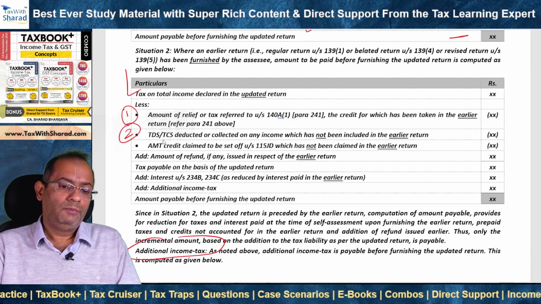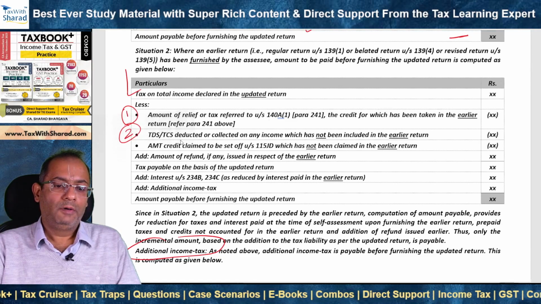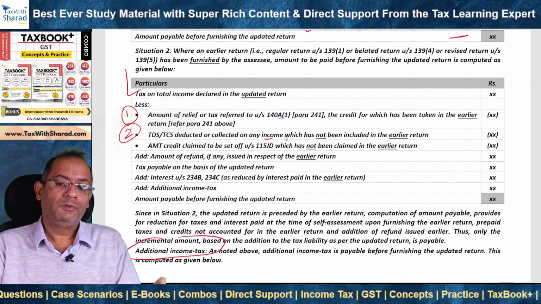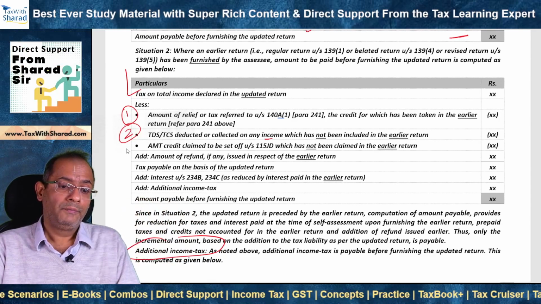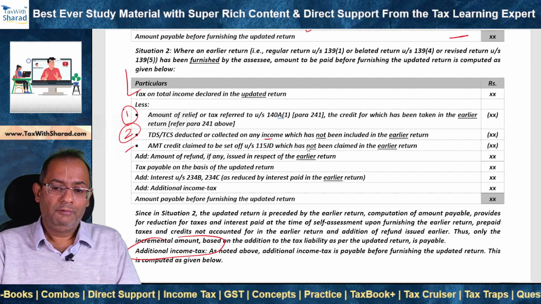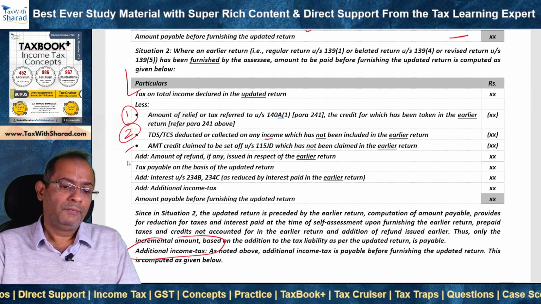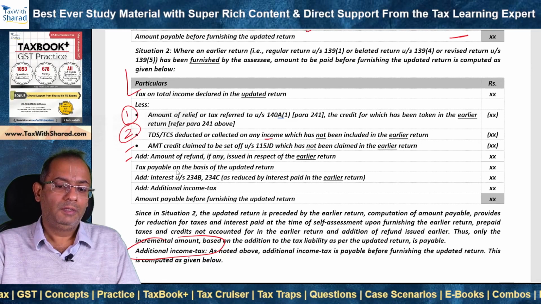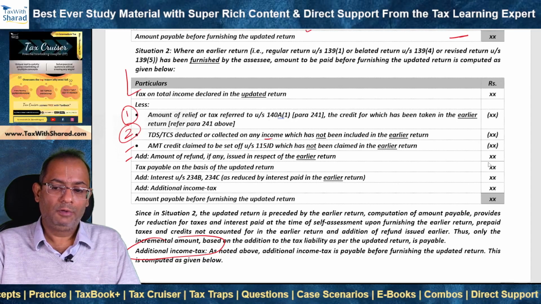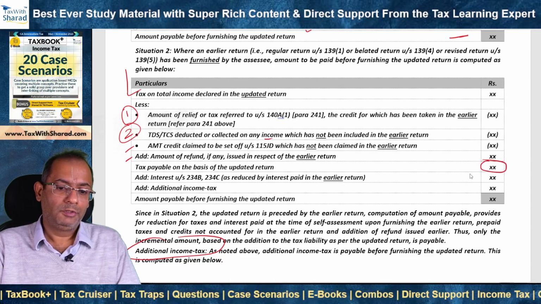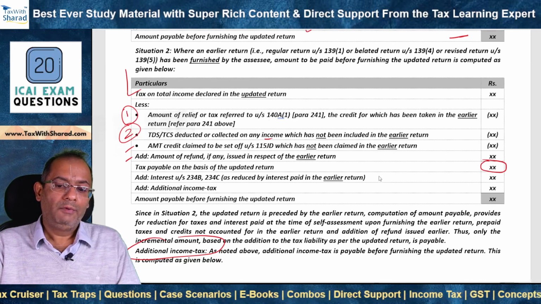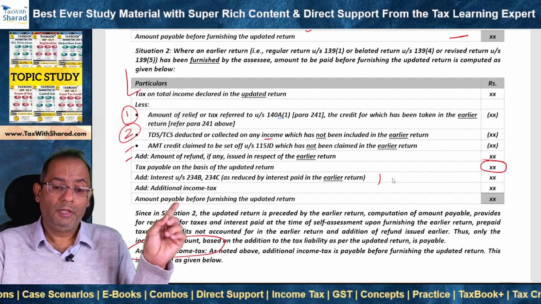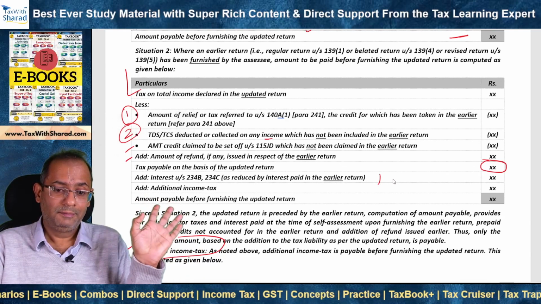Then we need to, number two, take the credit for incremental TDS or TCS. That means TDS, TCS on the income which was not included in the earlier return, and AMT credit, if any, which was not claimed earlier. We need to add the amount of refund, if any, issued in respect of the earlier return, and this will give us the amount of tax payable on the basis of updated return. To that, we need to add interest under section 234B and C, if any, in respect of default or deferment of advance tax, right?